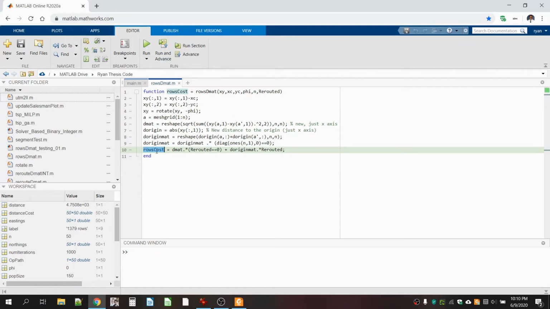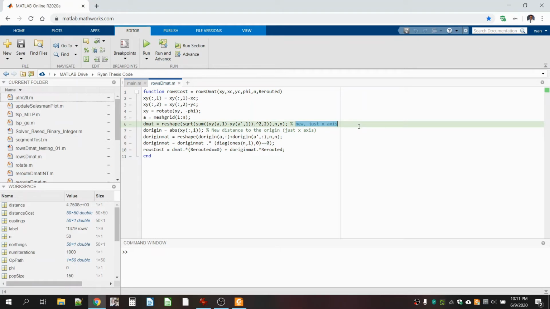So essentially what you are finding is the horizontal distance between all the plants, not the hypotenuse, just the x or horizontal axis between every single plant. That's what this node is here, just looking at the x-axis.